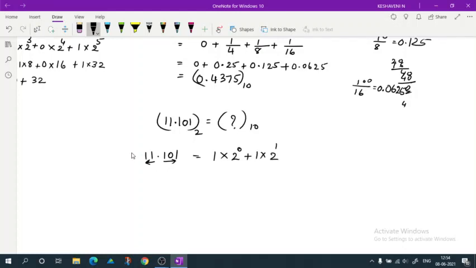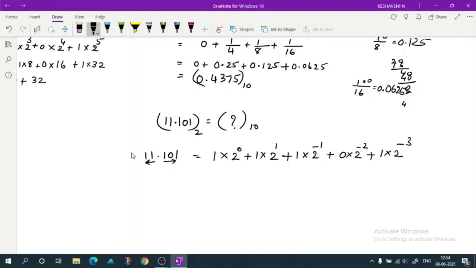Okay, so you have the point, therefore next you have to put plus 1 into 2 to the power of minus 1 plus 0 into 2 to the power of minus 2 plus 1 into 2 to the power of minus 3.